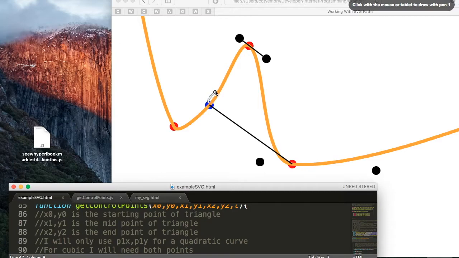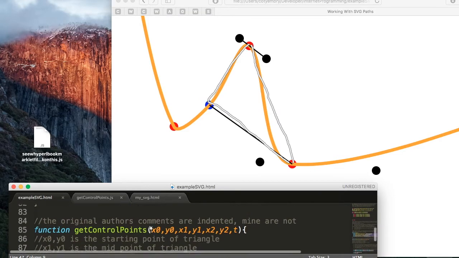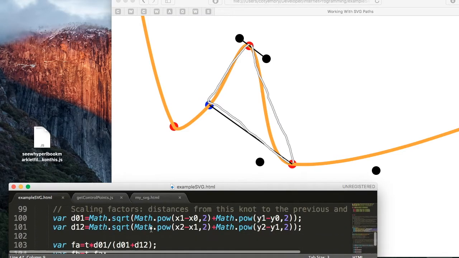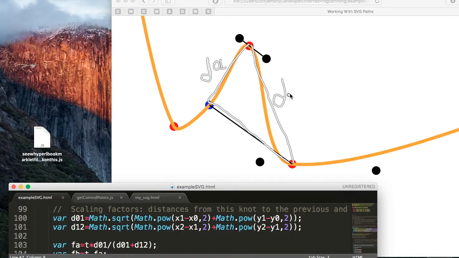So you draw a triangle here, or a line, and then here. What do I have them labeled as? This is D 0, 1. That's D 1, 2. That line and that line.